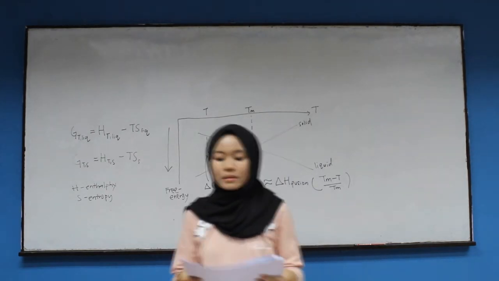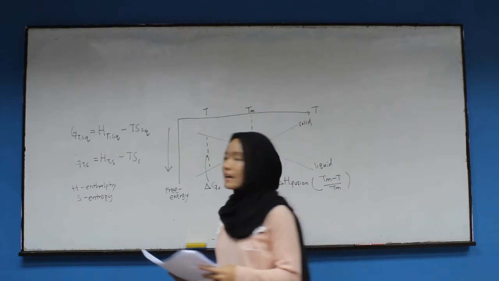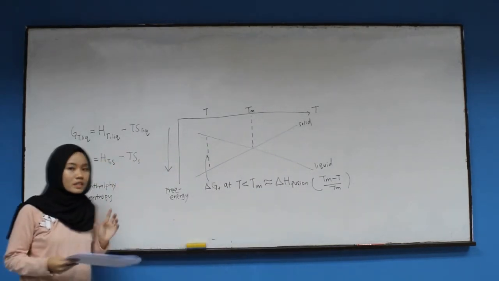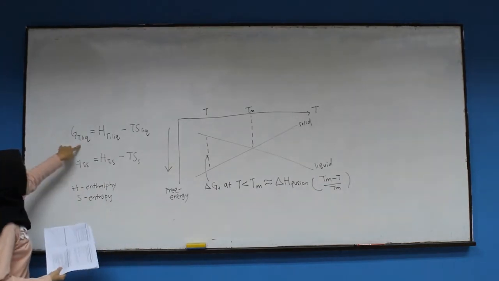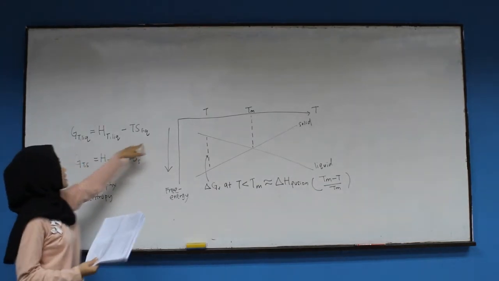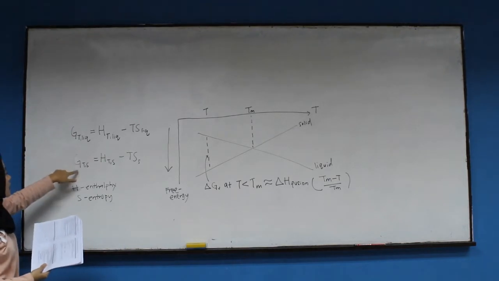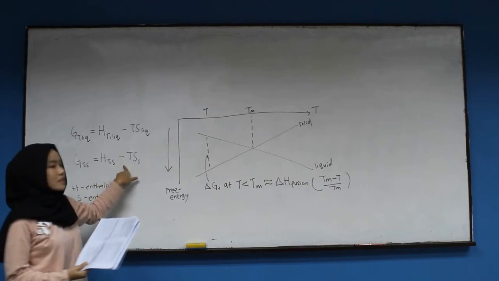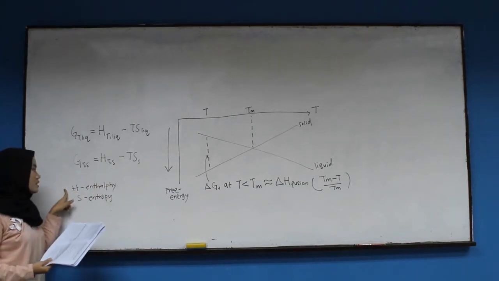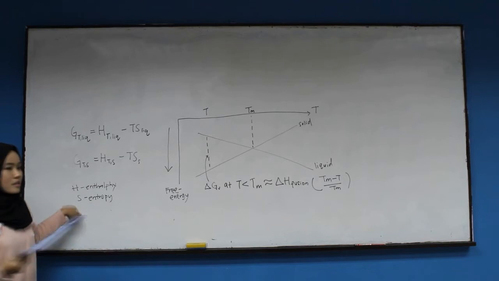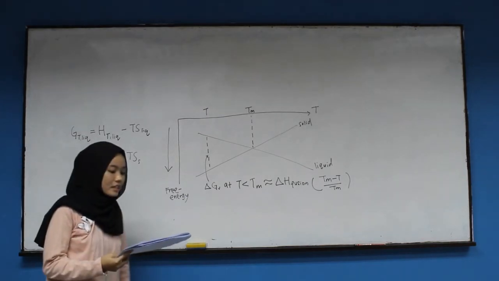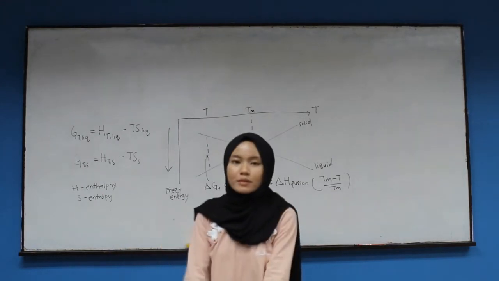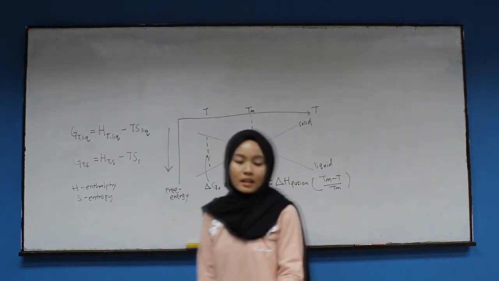It is a congruent melting of a compound, and as you can see here, the T dependence of the free energy function for the liquid is G_T liquid equal to H_T liquid minus T S liquid, and for the solid, G_T solid equal to H_T solid minus T S solid, where H is the enthalpy and S is the entropy. So the free energy changes as T is lowered below the equilibrium temperature, that is Tm.